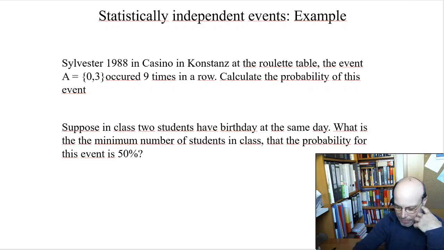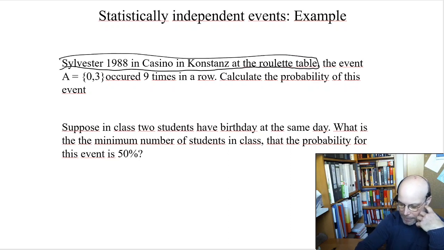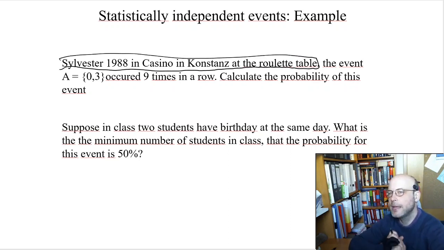At the Bodensee in Constance, there is a casino, and this really happened in 1988: that in 1988, the event 0 or 3 really occurred 9 times. If you are always standing at the roulette table and every event is statistically independent, we can then calculate the probability.